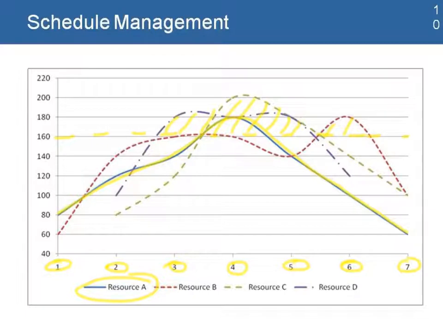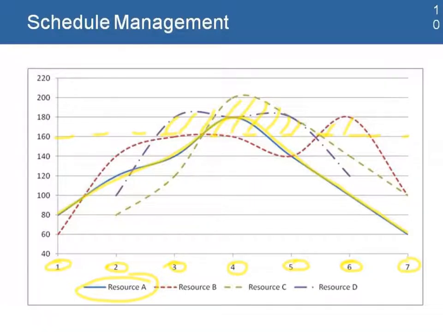And we know that it is very difficult to ask people to work more than 100%. So the idea of these charts is that they help you identify those areas where you are over-allocating people to specific activities.